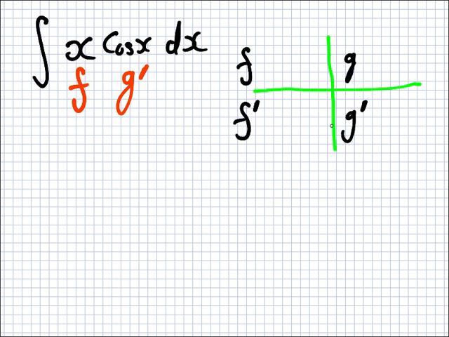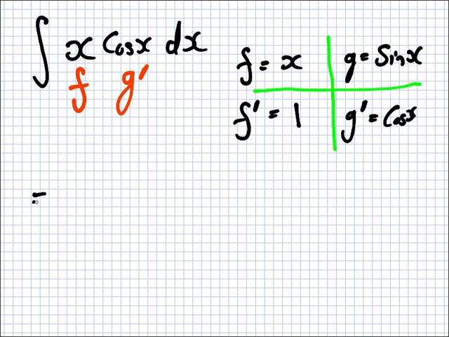Let's try that again. So what's f? x. There we go. f derivative 1. g derivative cos x, and g sin x. Good. Okay, now we're set. All right.